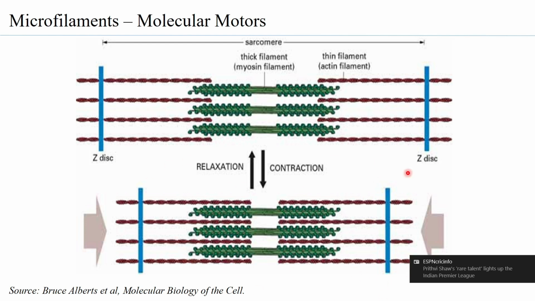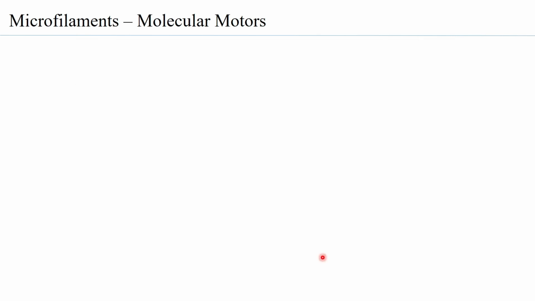So thereby the entire muscle is getting contracted. And when you have the myosin leaving the actin filament, then again the Z disc will go to its original position and there will be relaxation. So this is how relaxation and contraction happens thanks to the actin myosin coordinated functioning.